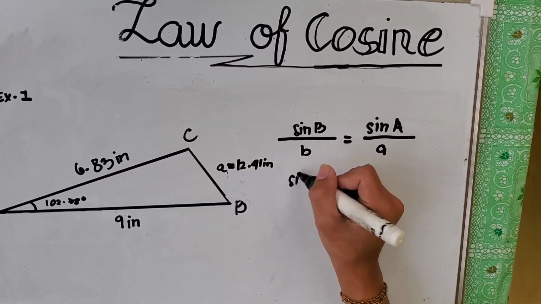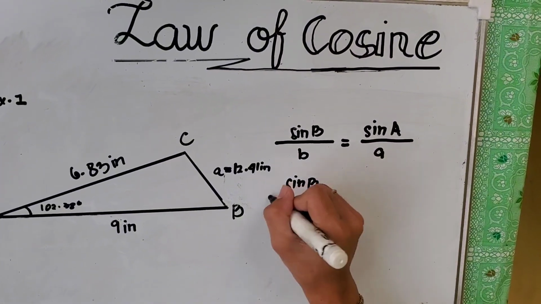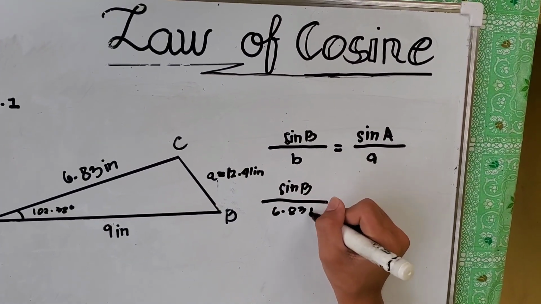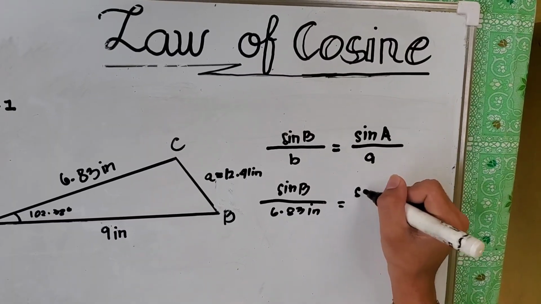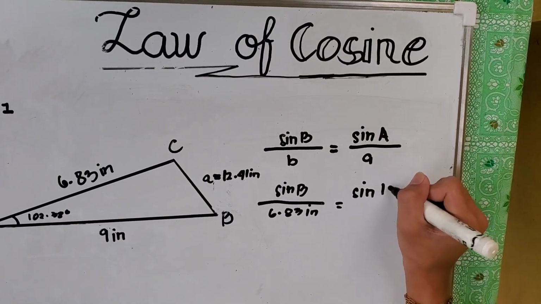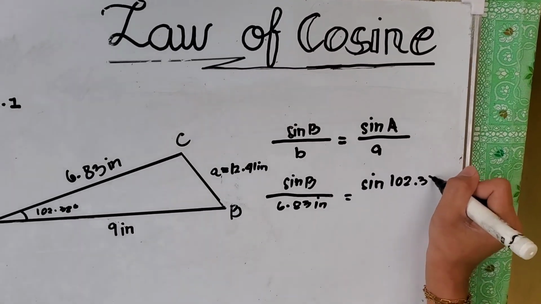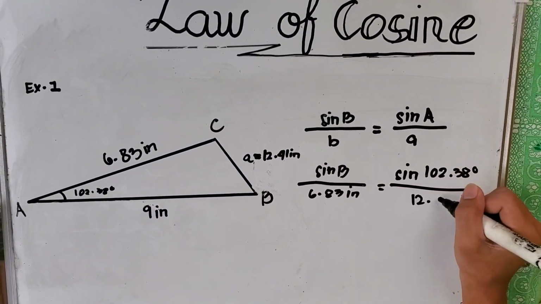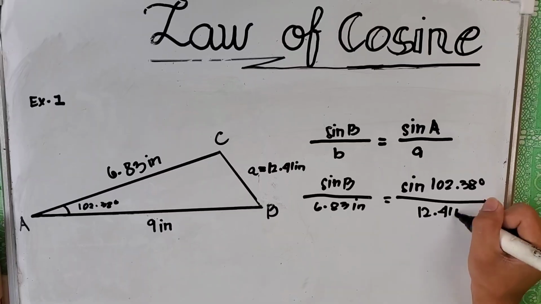Next is to substitute the given values from this triangle. Sine B is unknown, over the value of b, which is 6.83 inches, equals sine A, where the value of A is 102.38 degrees, over the value of side a, which is 12.41 inches.